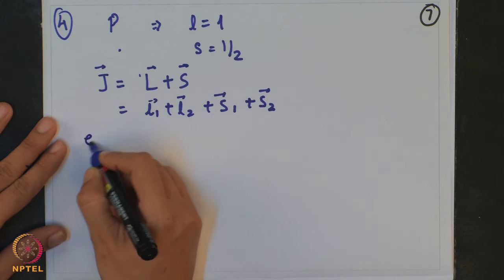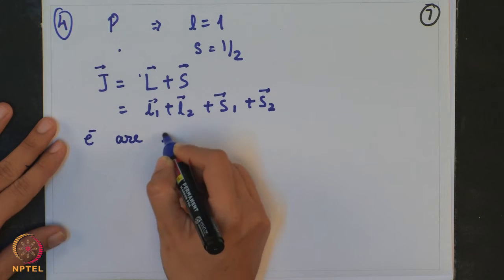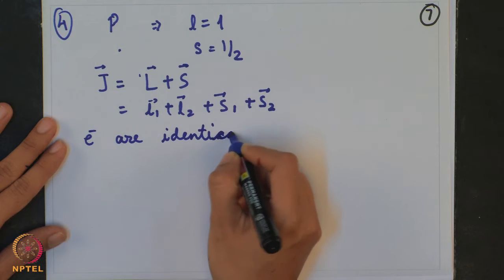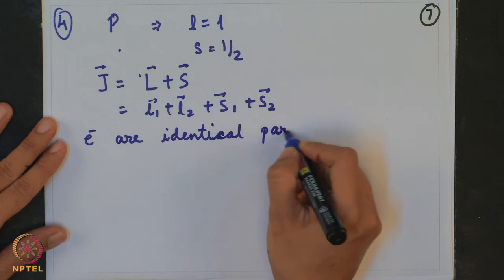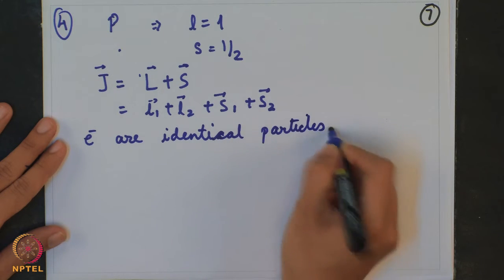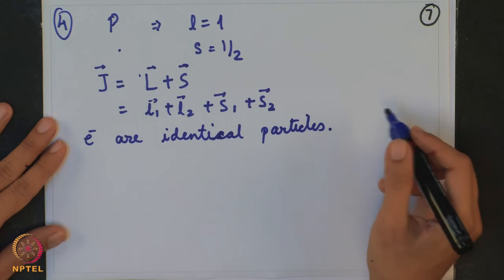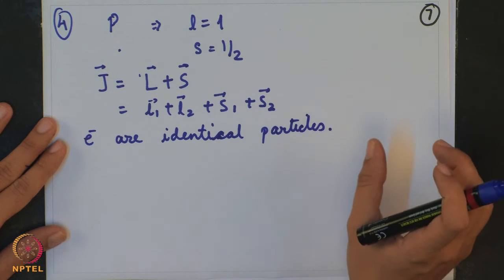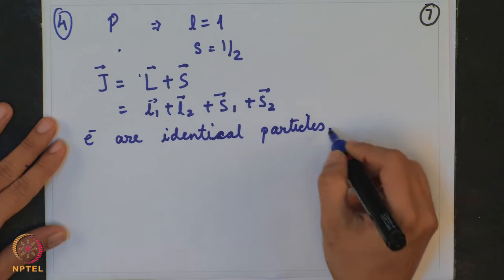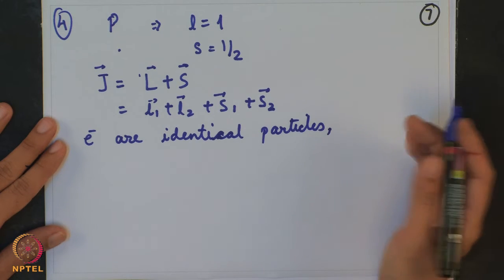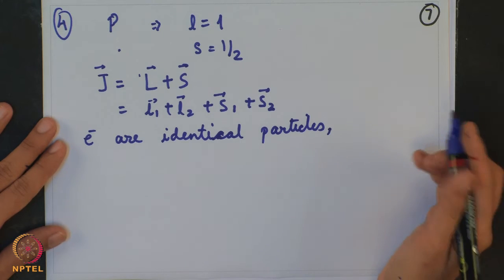The electrons are identical particles, so here they have the same radial component. However, the angular momentum part will change in sign, that is, it is antisymmetric.